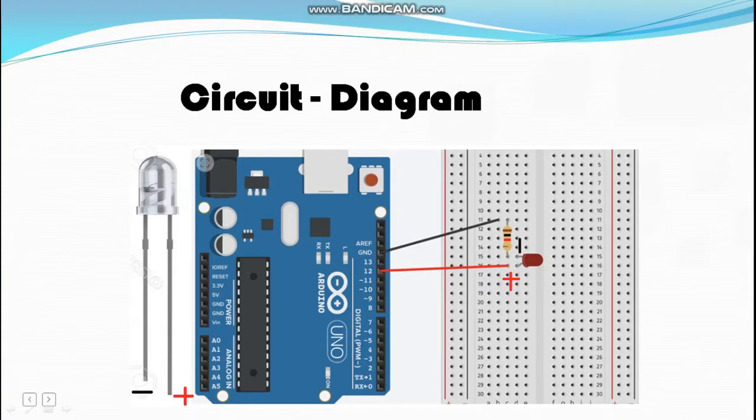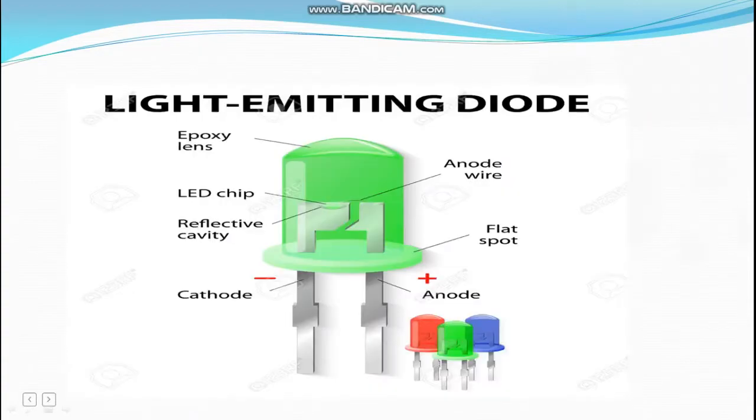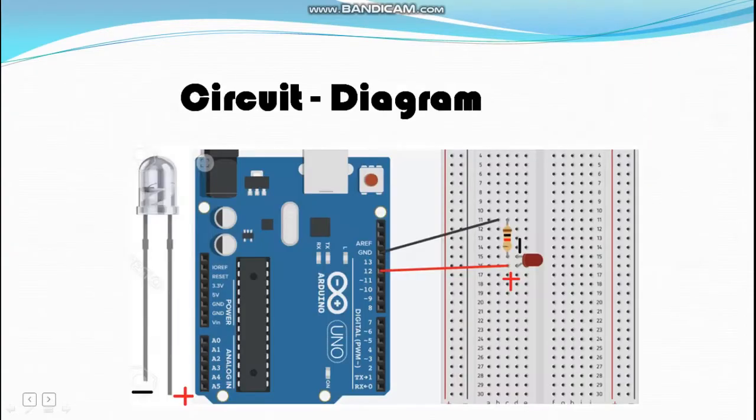But this is not the way you should remember it. The actual way is this: if you look into the LED, you can see these notches. The notch which is smaller in width will be the positive, and the notch which is much wider will be negative. This is the way you should remember whether the LED leg is positive or negative.